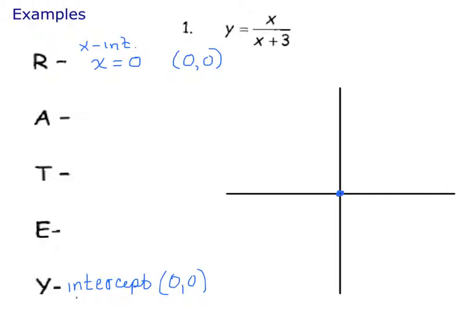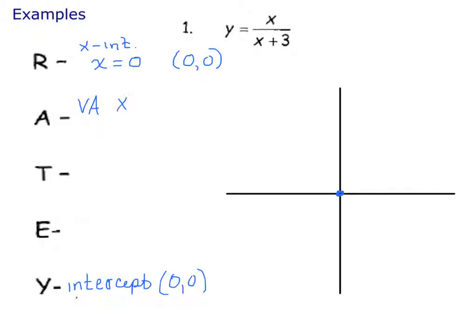Okay, so the A are the vertical asymptotes, right? So I look back up here and I see that nothing will cancel in the numerator and the denominator. I would need an x plus 3 to cancel with an x plus 3. The x's will not cancel, can't do that. Okay, so I notice that none will, so I have this in the bottom. This determines my vertical asymptote.